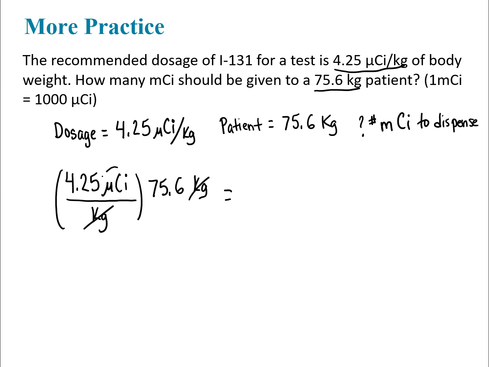And that will give us the number of microcuries. Your calculator is going to tell you 321.3. You're going to say, thank you, calculator. However, I only need 3 significant figures.